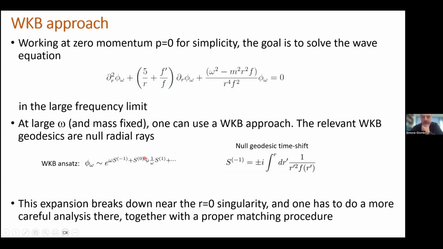Plugging this into the wave equation, the leading term, as expected, is related to the time shift of a null geodesic. Null because in this large frequency limit the mass is subdominant, and the two leading orders are like null geodesics.